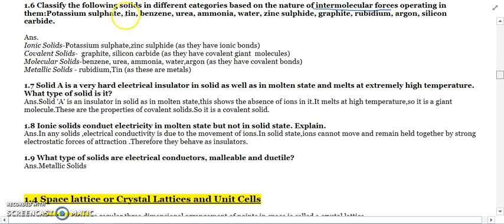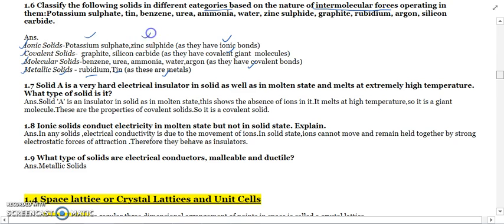Now come to the question. Different categories on the basis of the nature of intermolecular forces: we have classified these as ionic solids, covalent solids, molecular solids, and metallic solids. Because rubidium and tin are metals, they are classified under metallic solids.